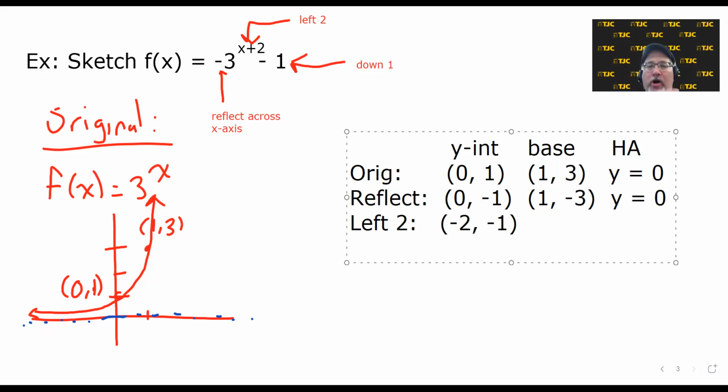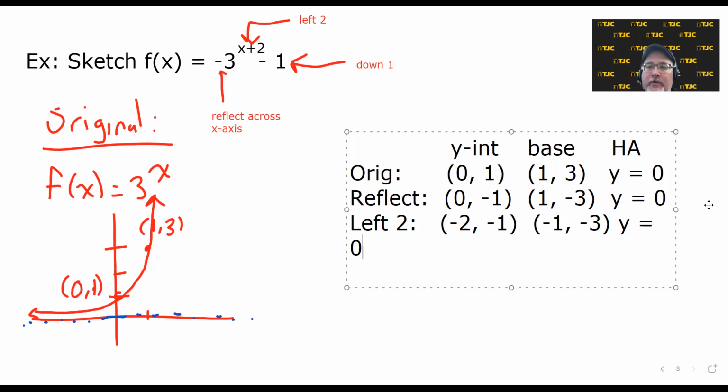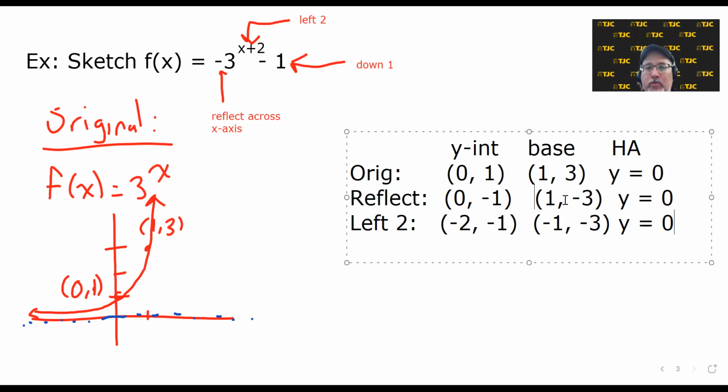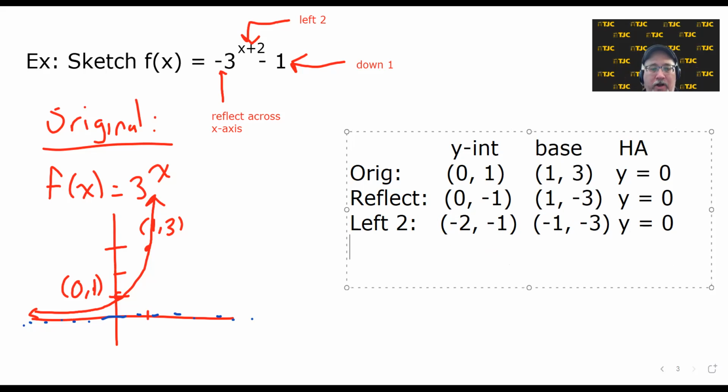And on the base point, which is at 1, -3, if it moves to the left 2, we have to subtract 2 from the x. 1 - 2 is -1. Y doesn't change. Horizontal asymptote is still at y = 0. Told you I was going to have to format this as we go. Not a problem. All right, and now we have to do the down 1.